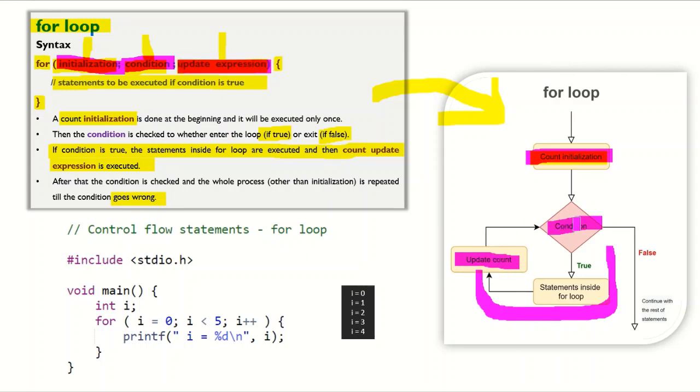Then again the condition is checked and these statements are executed as long as the condition is true. When the condition goes wrong, it will exit the for loop and continue with the rest of the statements.